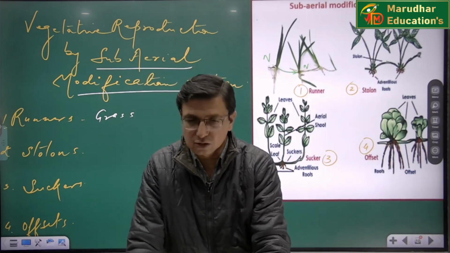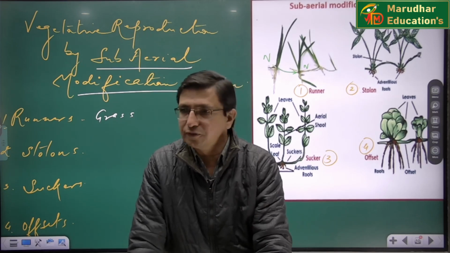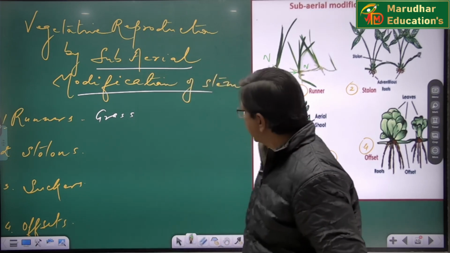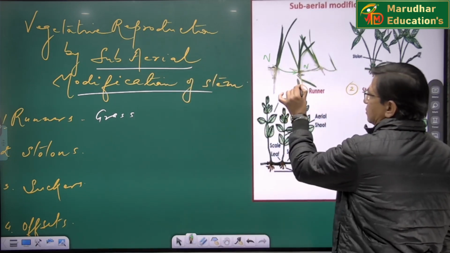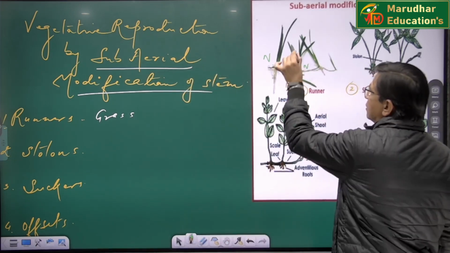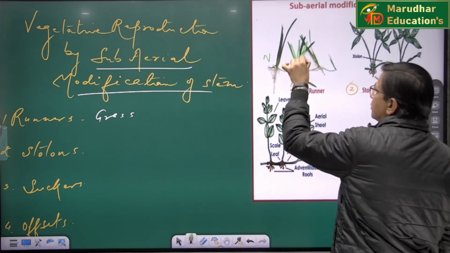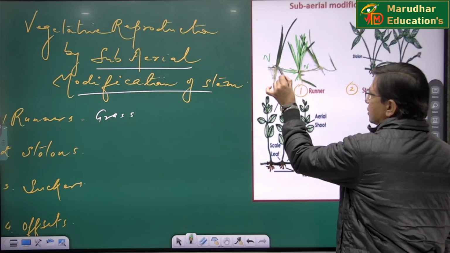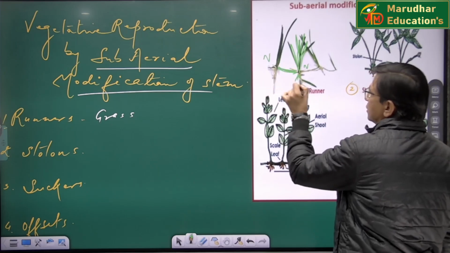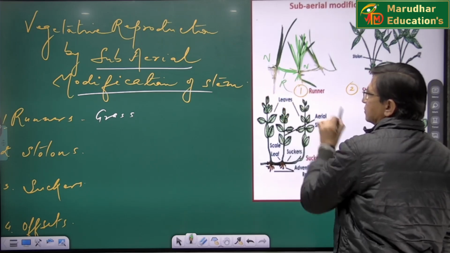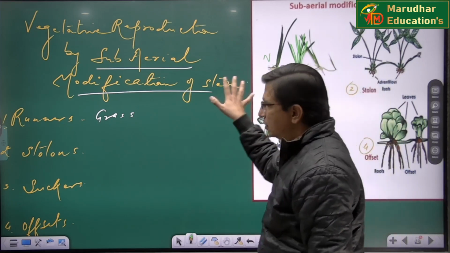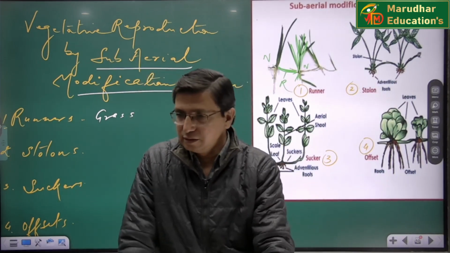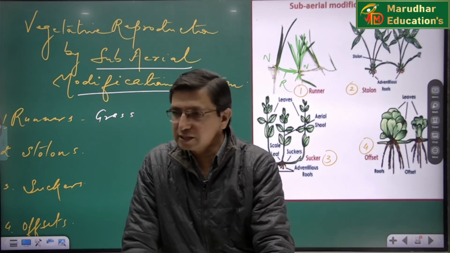It spreads horizontally, and on the tip of this branch, this internode, what happens? Roots arise downwards and leaves arise above the ground. So this portion is called a runner. This is a runner.